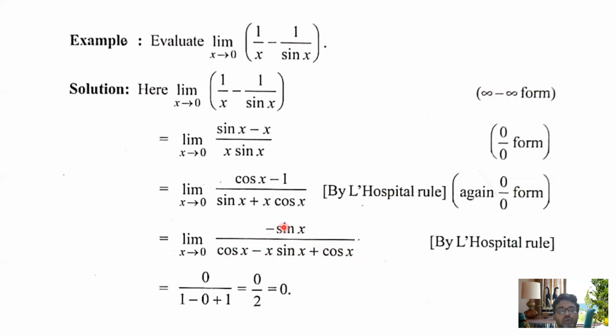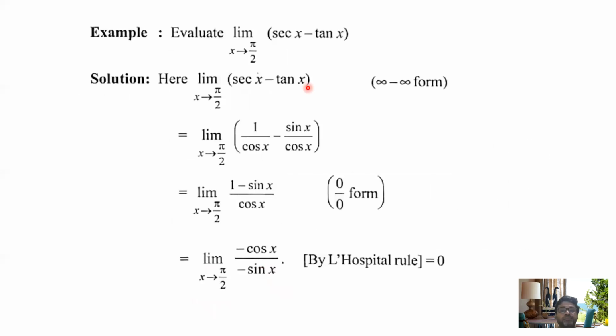Again you have 0 in the numerator. In the denominator it is 1, 0 plus 1. So from here it is clear, 0 by (1 minus 0 plus 1). There is a finite value you have, that is 0 by 2 equals 0. So we are getting a finite value, we can stop the calculation. This is the result of this limit.